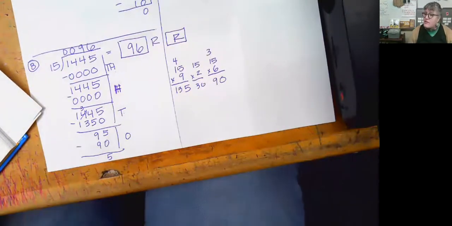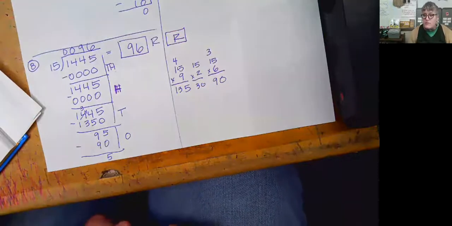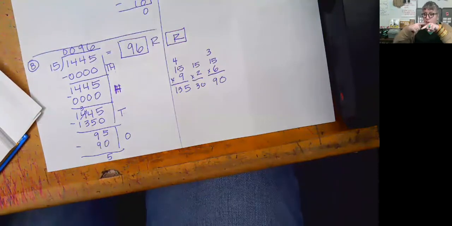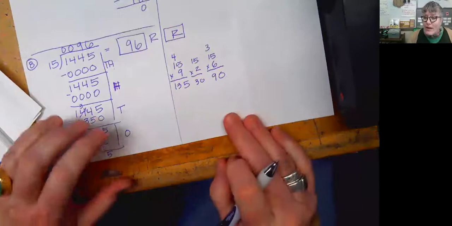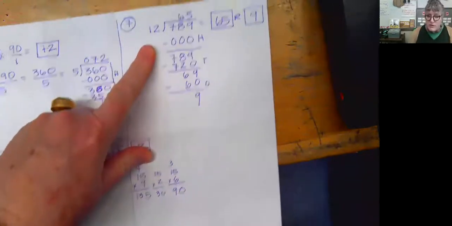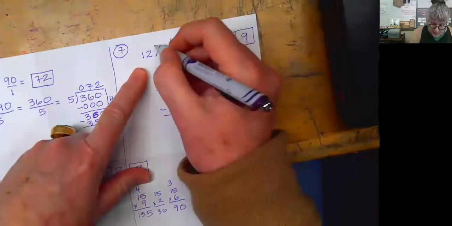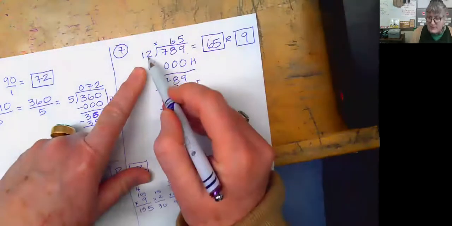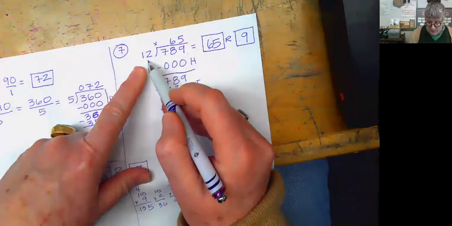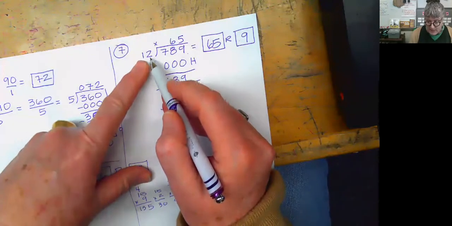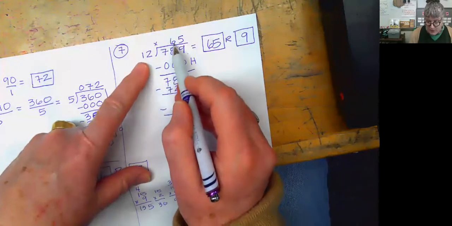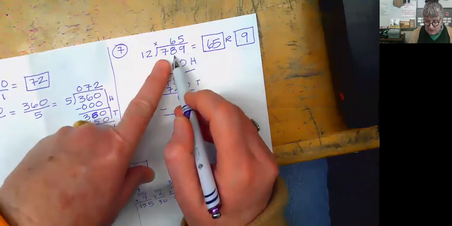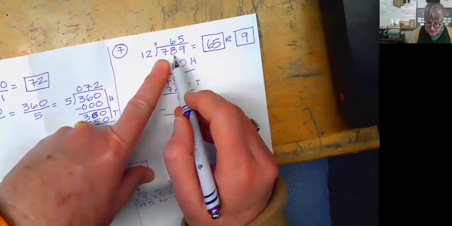Now, I did not do the check step for either of these problems. Shame on me. So I'm going to do that right now. I'm going to go back here to this problem, and I'm going to multiply. Remember that you can take this number, right? This is the divisor. You can multiply it by the quotient, and it should give you the dividend.